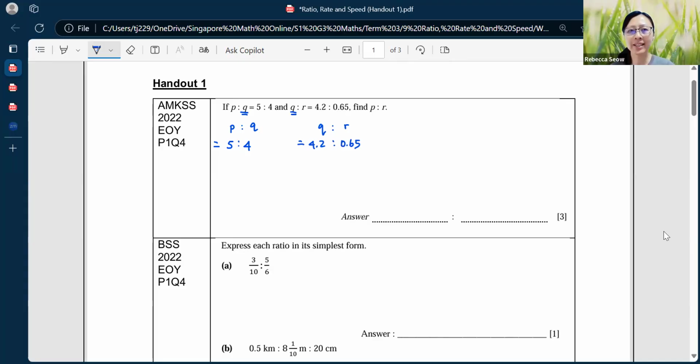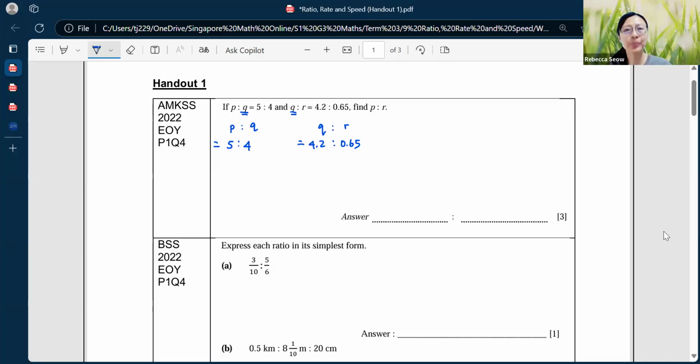First thing that comes to mind is with regards to the second set of ratio, how do we remove the decimal? So in removing the decimal, what we can do is multiply it in terms of 10, 100, thousands, and every time you multiply it by a multiple of 10, it helps to move the decimal point more and more to its right.